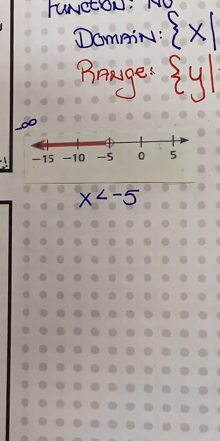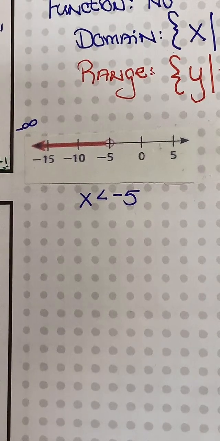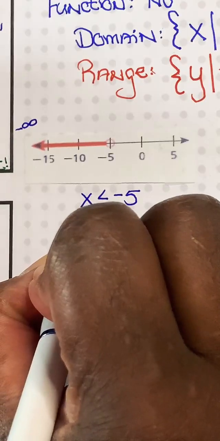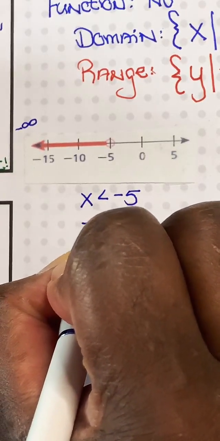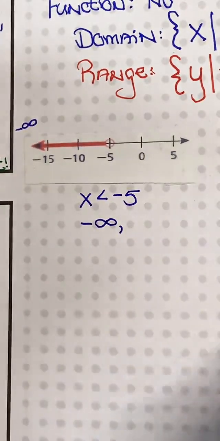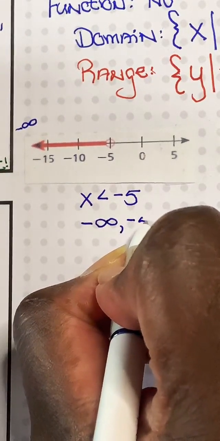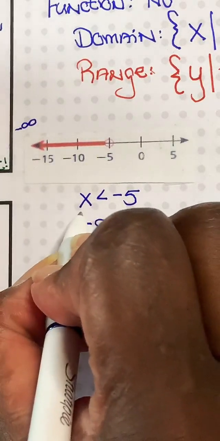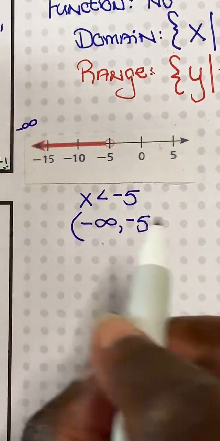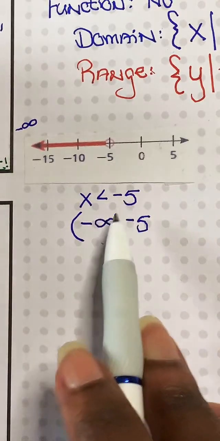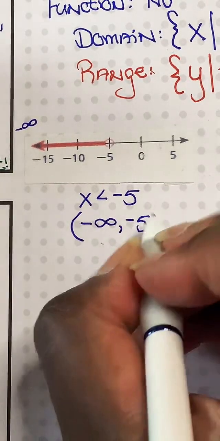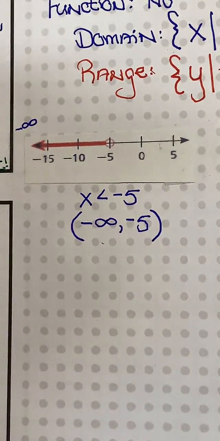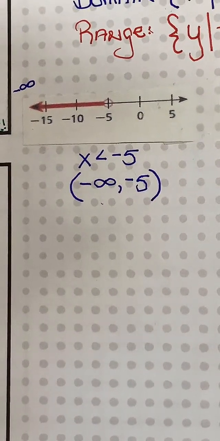But if I want to write it in interval notation, you write the smallest number first, which is -infinity, and then we go to -5. The infinity signs always get a parenthesis. And since -5 is not being included, that also gets a parenthesis.